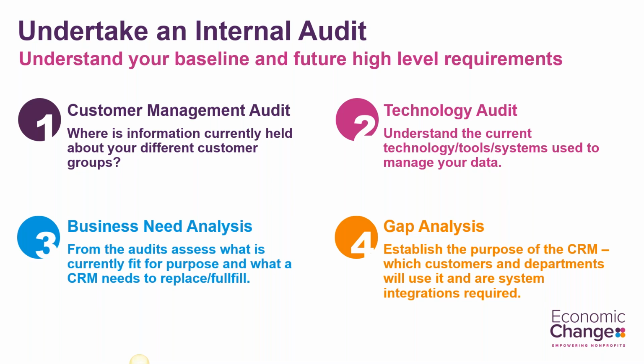And then what you'd also want to do as part of this is do a technology audit. So for each stakeholder group, you want to record where you're currently storing information about these people, i.e. which software tools, whether it's spreadsheets or emails or other CRM systems or whatever it is.